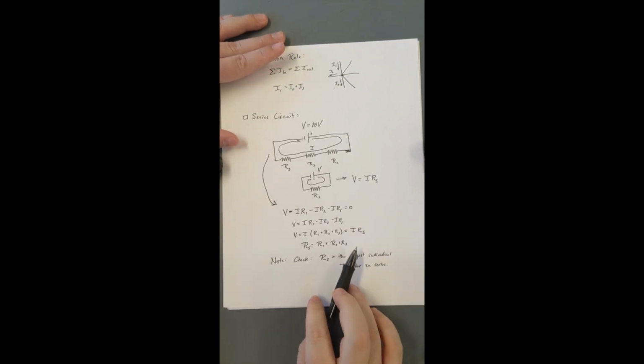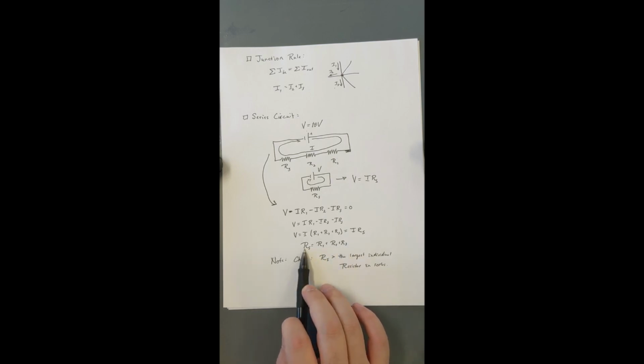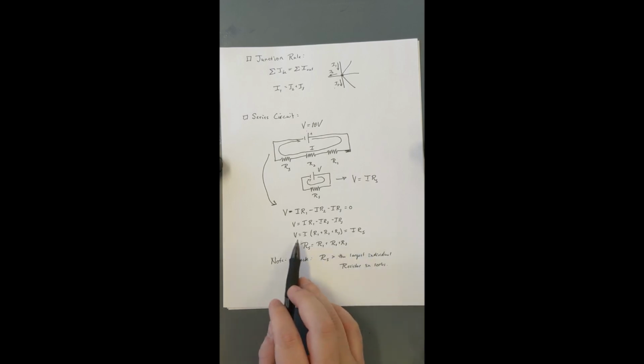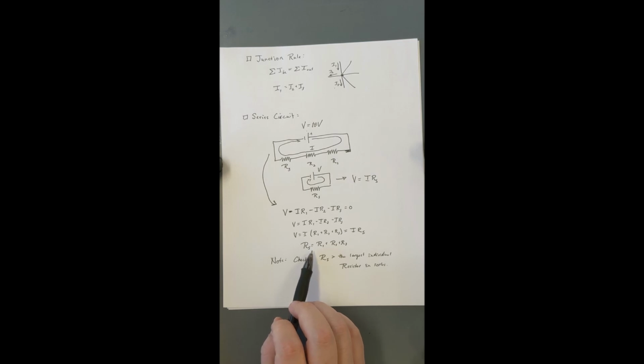In our demonstration that I'll be performing here in just a moment, R sub 3 will be the largest individual resistor, so hopefully your R sub S will be bigger than R sub 3. And that makes natural sense as we're just adding all the resistors up together.